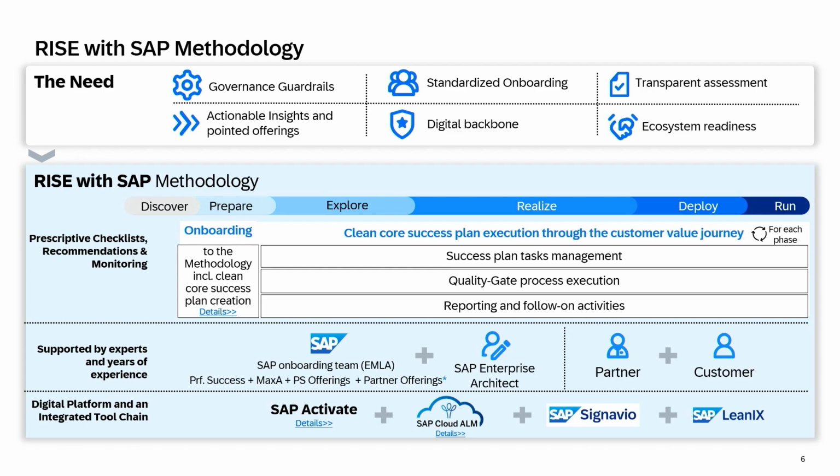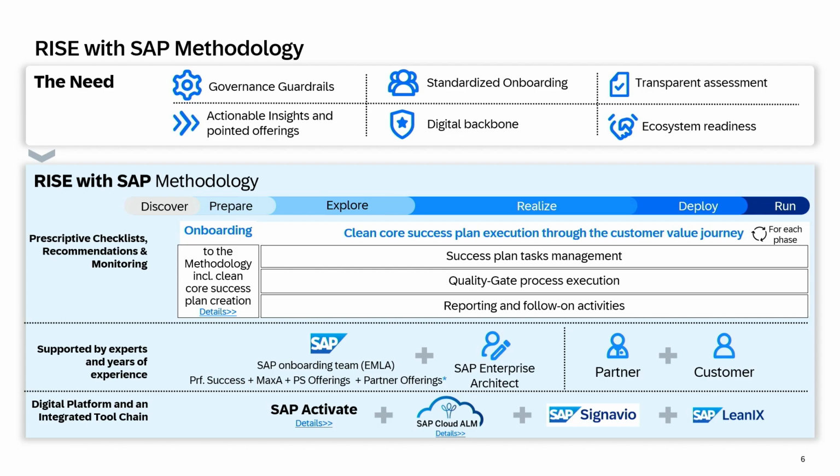In addition to this, to stay compliant, what they also offer is quality gates, which are the very critical milestones at the end of every phase, where you can evaluate where you stand with regards to the key deliverables that are applicable to clean core.